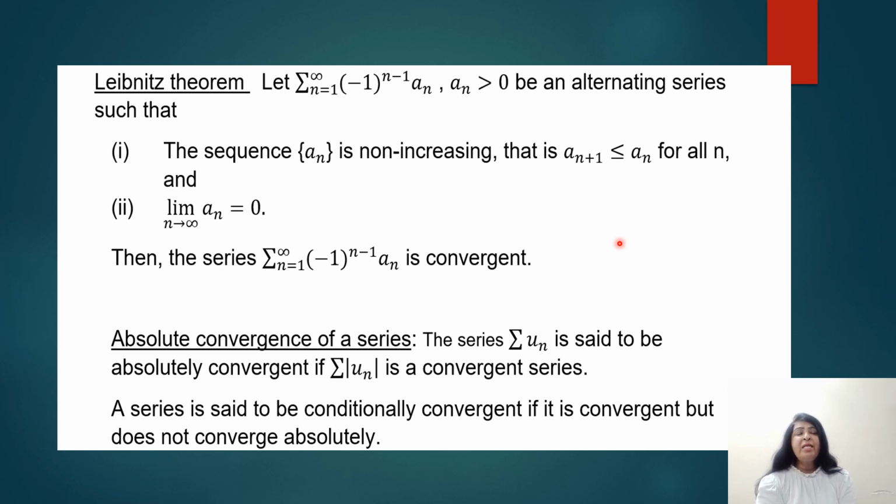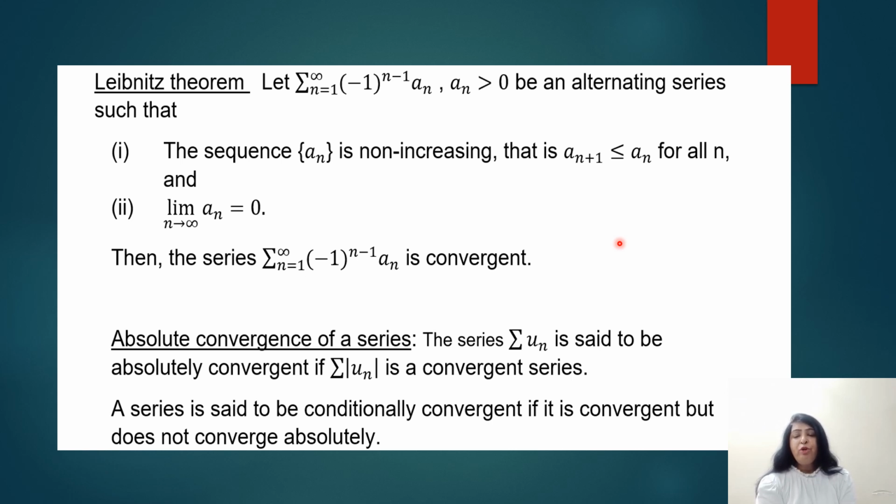And the second condition is limit of an when n tends to infinity is equal to 0. If these two conditions are satisfied, then the series is said to be convergent. Alternating series means you have a1 minus a2 plus a3 minus a4 and so on. So this is about the Leibniz theorem.